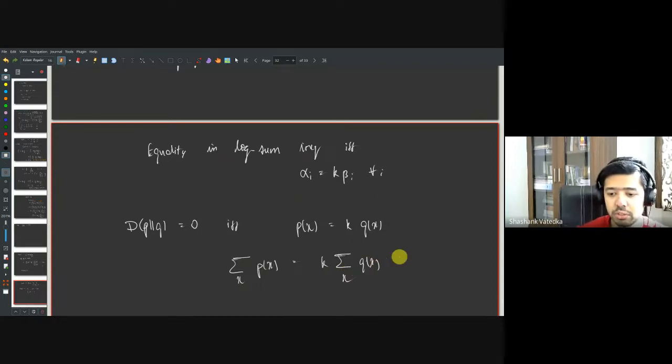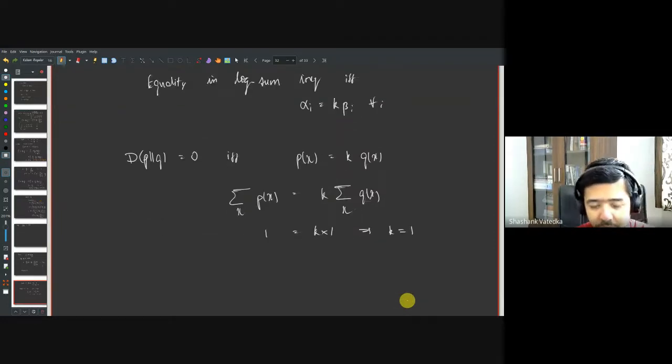But you know that this is equal to 1. So 1 should be equal to k times 1. So k must necessarily be equal to 1 if P and Q are probability mass functions. So D(P||Q) equal to 0 if and only if P of x is equal to Q of x for all x.